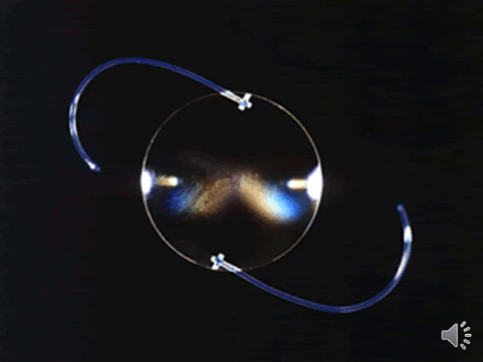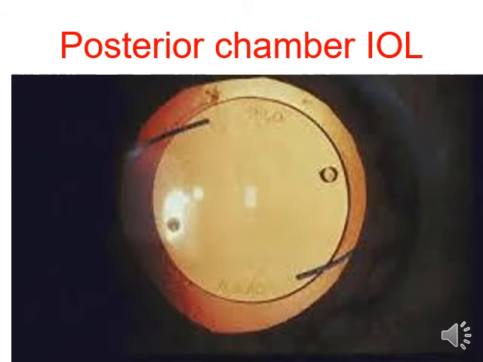In posterior chamber IOL, these feet are hidden behind the iris. So, this is a case of posterior chamber IOL, and the feet of the IOL or the haptics are under the iris.